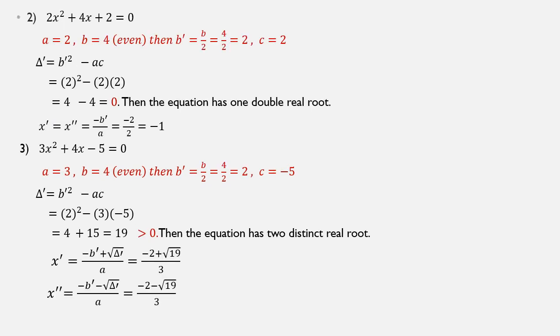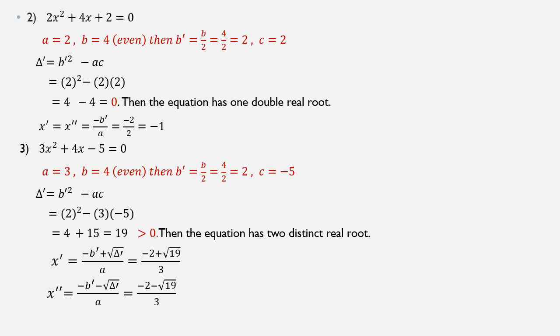Equation number 2. 2x squared plus 4x plus 2 equal to 0. In this equation, a is equal to 2, b is equal to 4, which is an even number, then b prime equal b over 2 equal 4 over 2 equal 2, and c is equal to 2. Here we can use delta prime, and it's much easier since b is even.